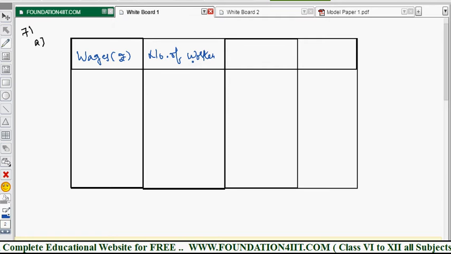Let us take frequency fi and CF, cumulative frequency, so it's the less than cumulative frequency, and you can find out the points.